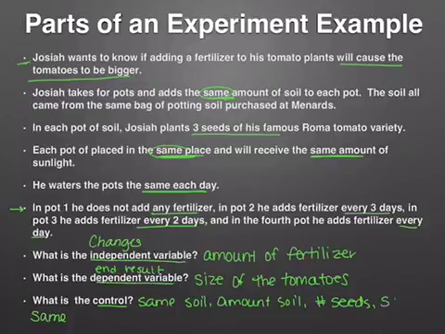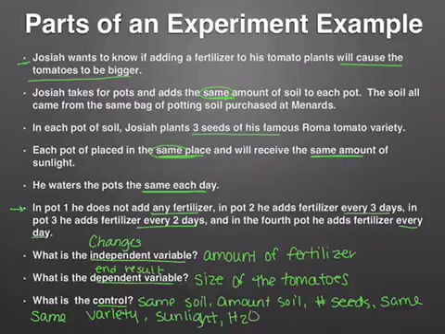It's the same variety of seeds, same amount of sunlight, amount of water. All of those things are controls. You will almost always have multiple controls and only one independent variable.